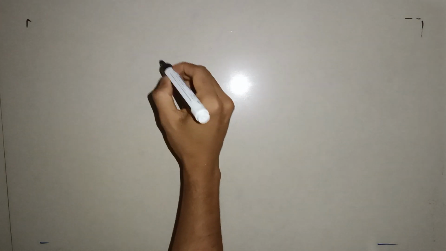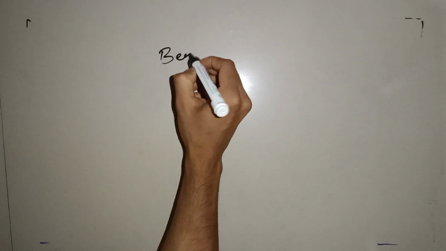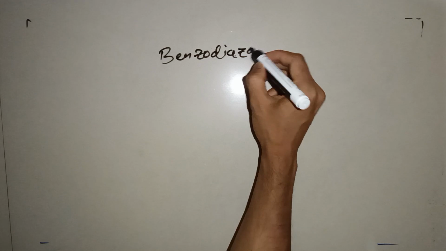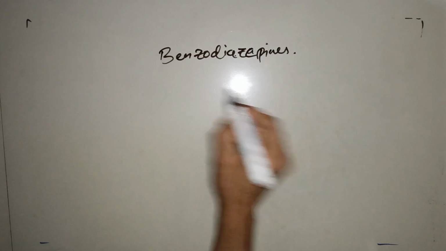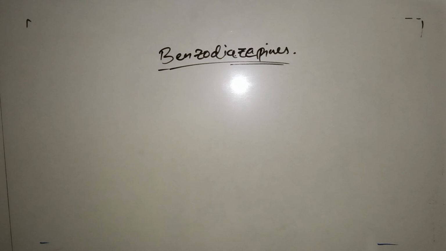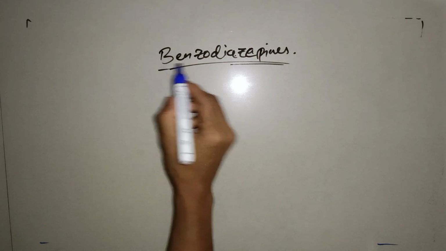So today we are going to learn a very important drug which is studied in medicinal chemistry, that is benzodiazepines. Before we go into the depth, first let's break the name benzodiazepines.